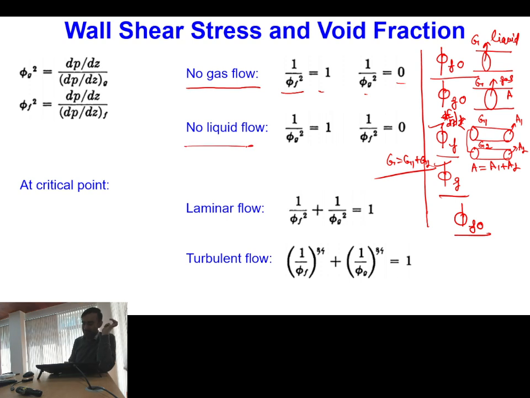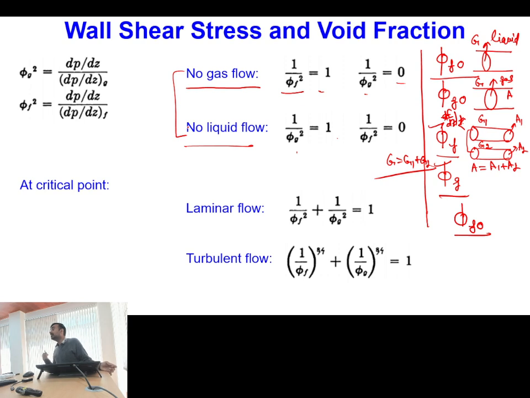If I don't have any liquid, then 1 by phi g square will be 1 and 1 by phi f square will be 0. Okay. So these are the conditions corresponding to the extreme situations once I have only a single fluid present. When I have only a single fluid present, my two-phase pressure drop will be equal to the pressure drop of that single fluid, because ultimately I don't have any other fluid present.